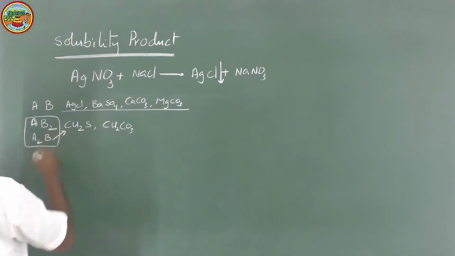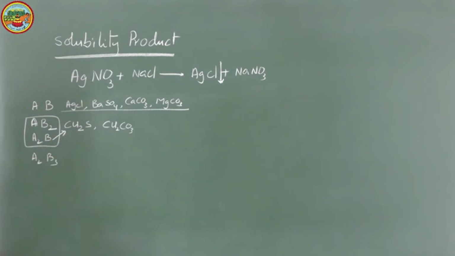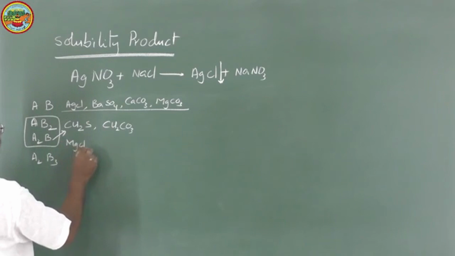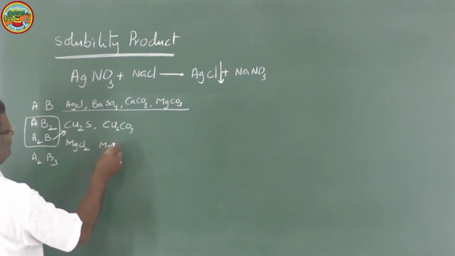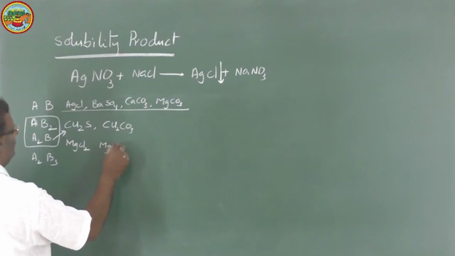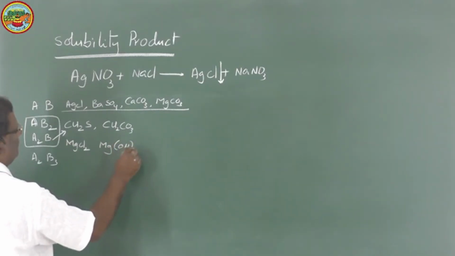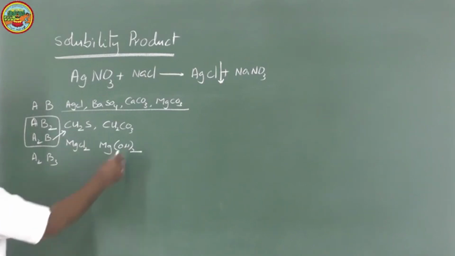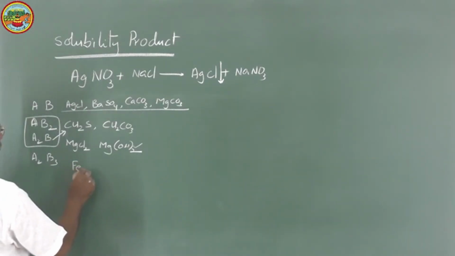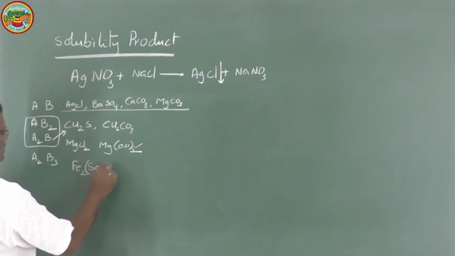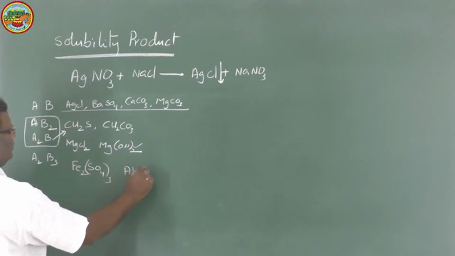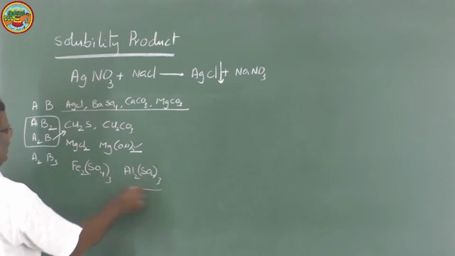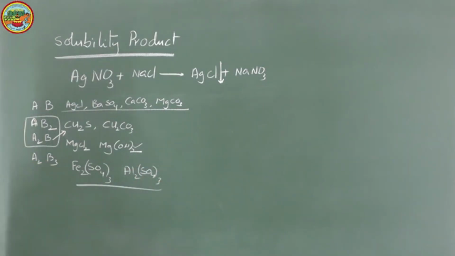So it is A2B type, two cations with one anion. AB2 type: MgCl2 or Mg(OH)2, like that. If anions are 2 and cations are 1. A2B3 means Fe2(SO4)3, Al2(SO4)3, like that.